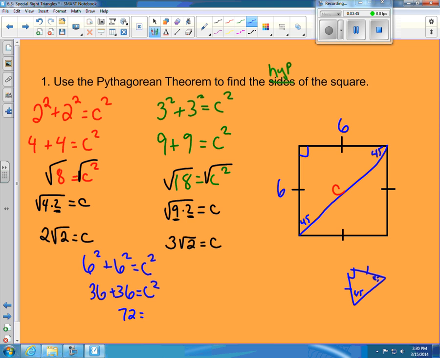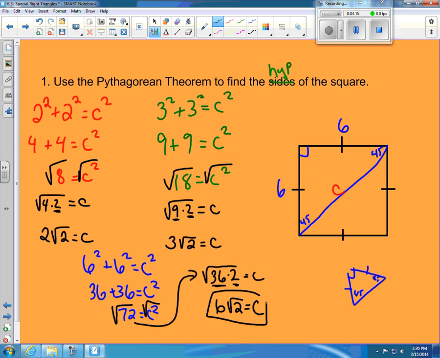So we get 72 equals c squared. Again, we're going to take the square root because we just want the hypotenuse. And 72, we're going to break that into 36 times 2. 36 is a perfect square, and that's 6, so that goes on the outside. 2 is not, so it stays underneath, and that's my c.